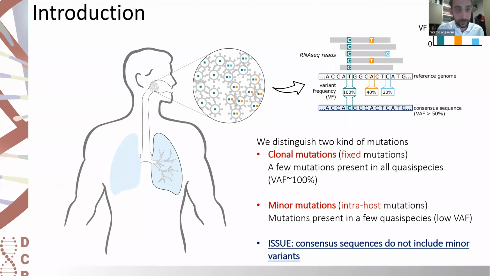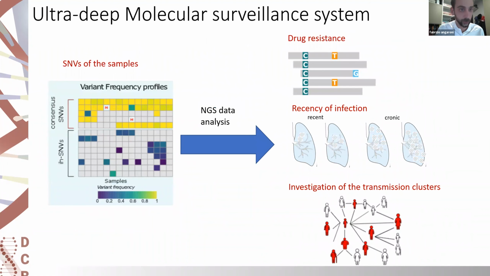This information is already employed in the literature. There are a lot of pipelines that start from the SNV profile of the sample, where we have the consensus variants, and for each sample the intra-host or minor variants, and we can test, for example, drug resistance. Suppose that G is the mutation that bears the drug resistance.